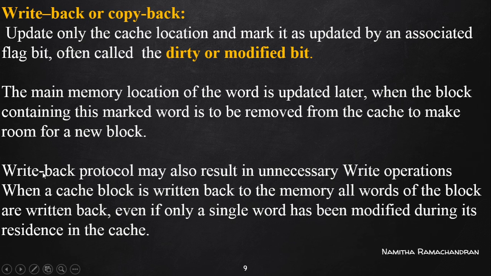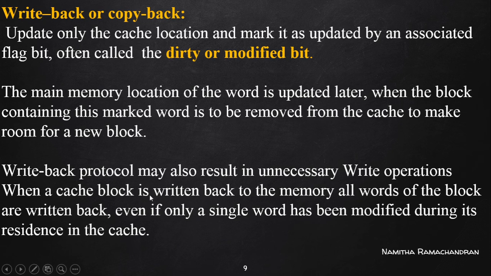So this write back protocol may also result in unnecessary write operations. How? When a cache block is written back to the memory, all the words of the block are written back, even if only a single word has been modified during its residence in the cache.